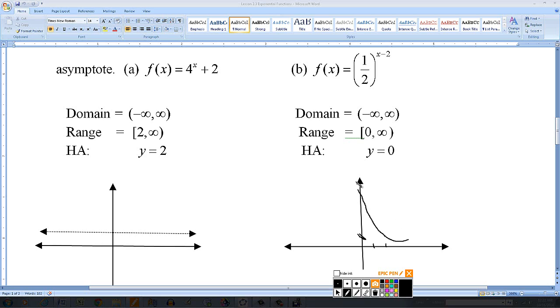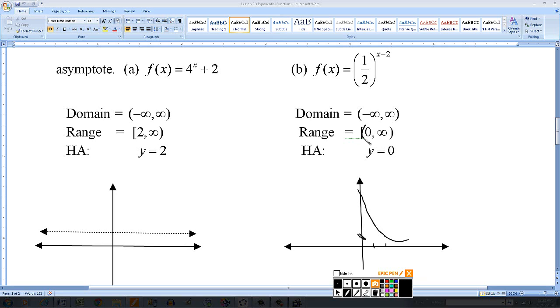Okay, so it's going to come down and approach the x-axis. So the horizontal asymptote is still going to be y equal to 0. Okay, the domain goes from 0 to infinity, and again this one needs parentheses.